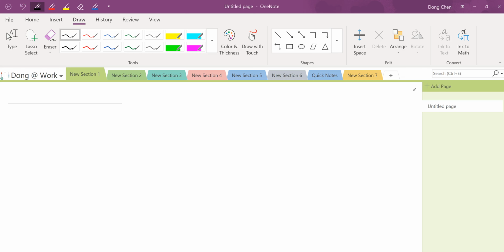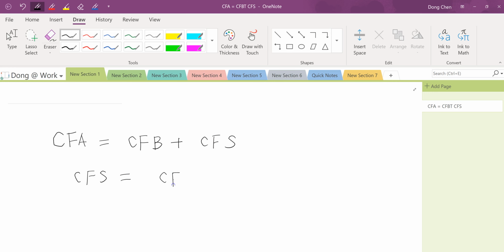The cash flow identity simply means that cash flow from assets equals cash flow to bondholders or creditors plus cash flow to stockholders. From that, you can solve out cash flow to stockholders pretty straightforwardly. It's CFA minus CFB.